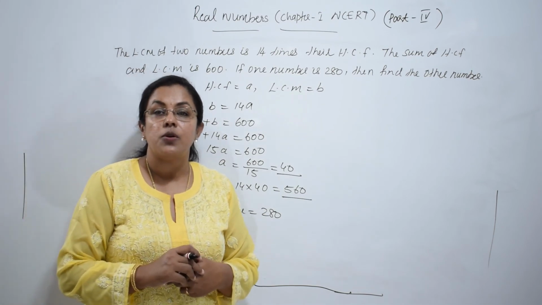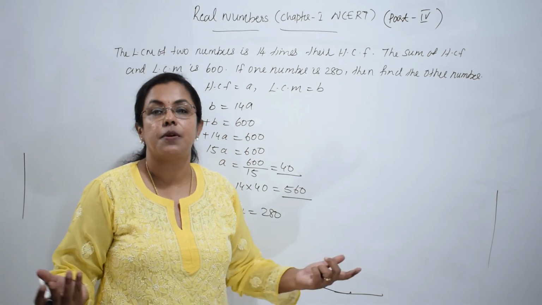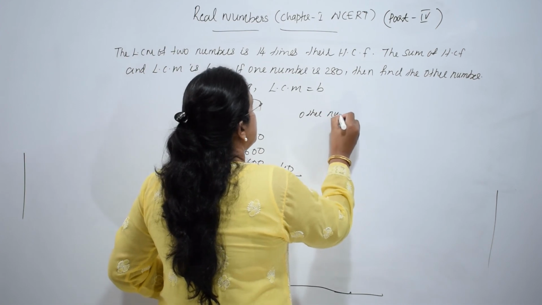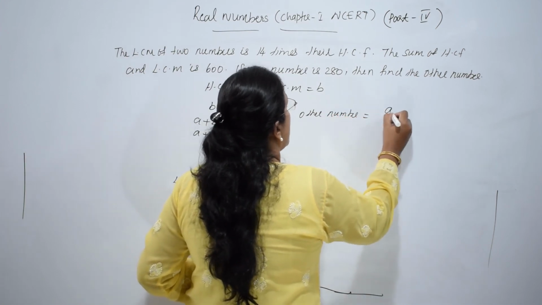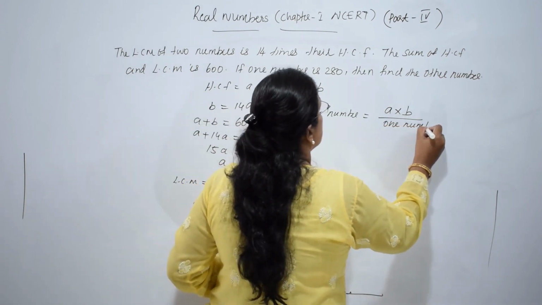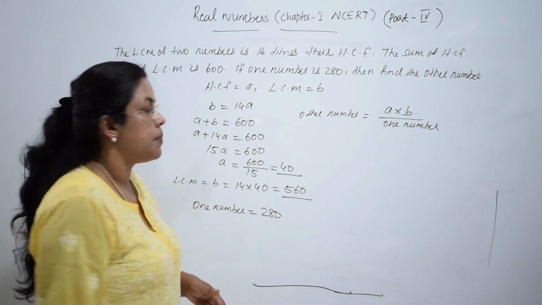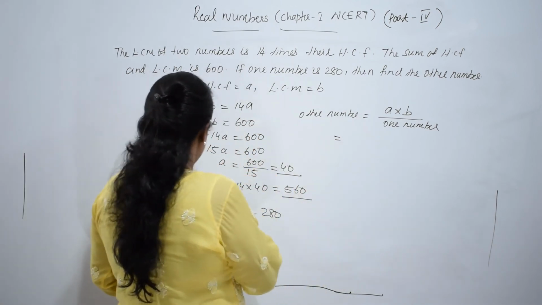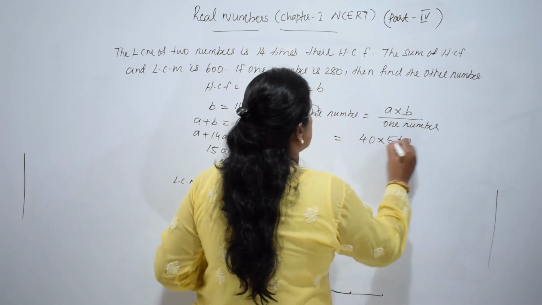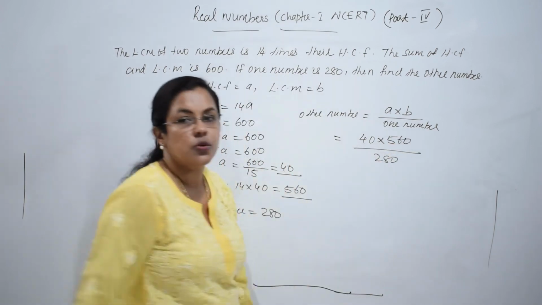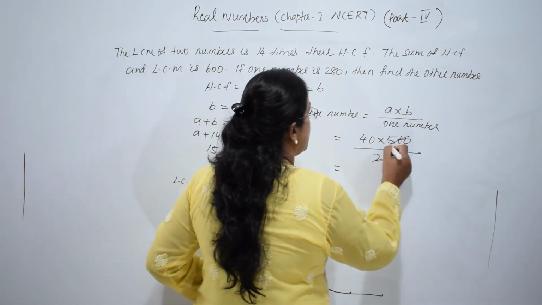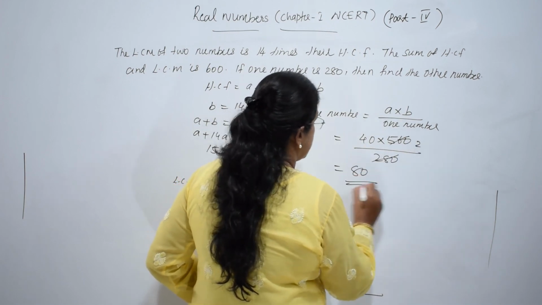Which formula can we use? HCF into LCM is equal to the product of the numbers. So the other number is equal to HCF into LCM divided by the one number given. HCF is equal to 40, LCM is equal to 560, upon one number is equal to 280. 28 2s are 56. Cancelling the 2, we get 40 2s are 80.